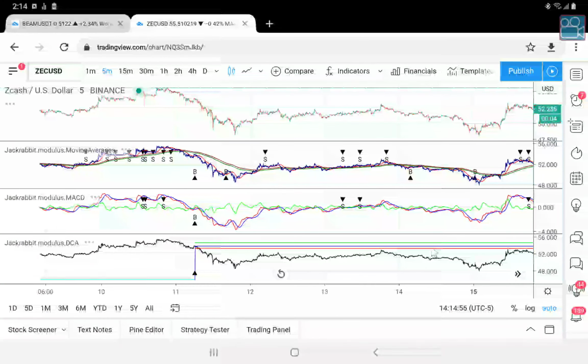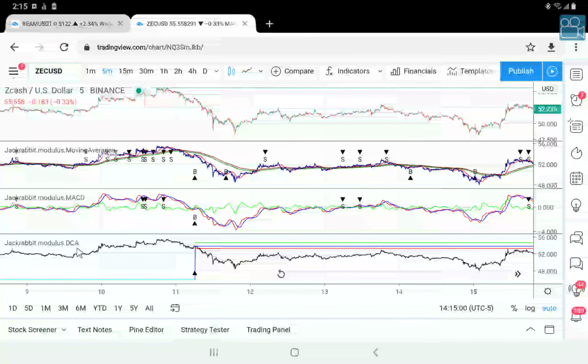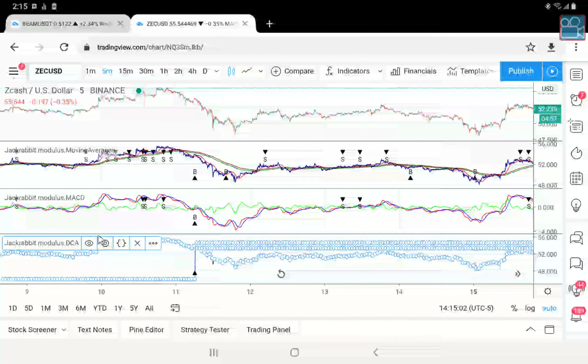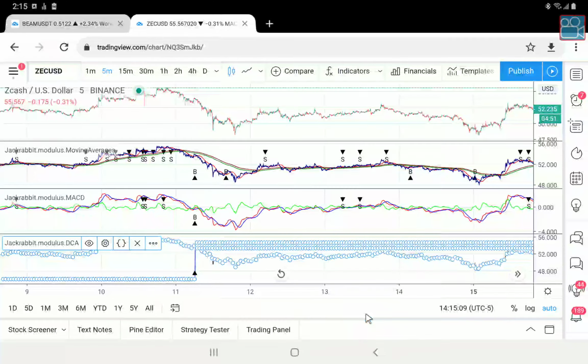And again, I'm using strategy for both my driving conditions. You can very easily use a flat take profit for your out position, and that will have an impact on the whole chain.